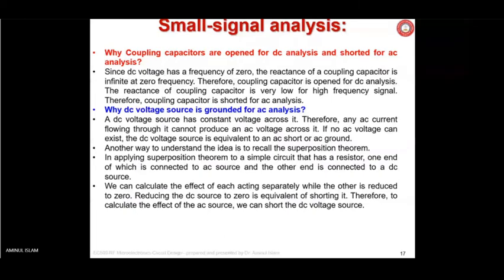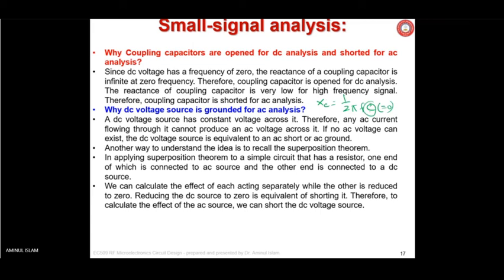It was known because Xc equals 1 upon 2 pi f C. If f equals 0, then it is infinite. That was known to you, and that is the reason that for an AC signal, it is a short. If it is very high frequency, then Xc is almost 0.